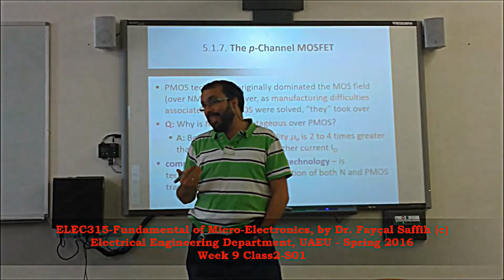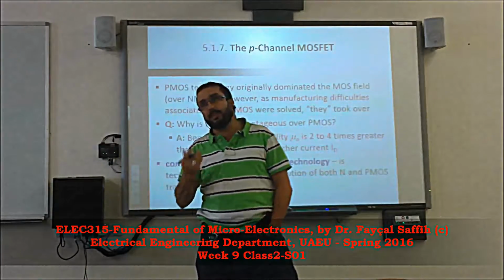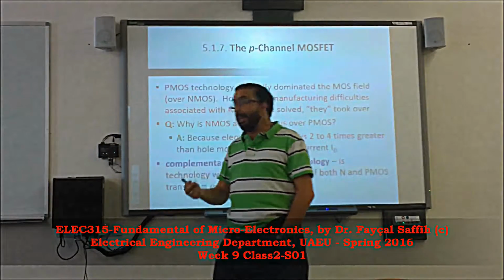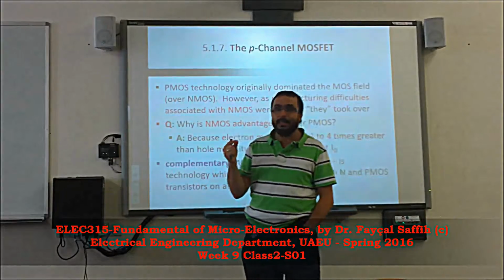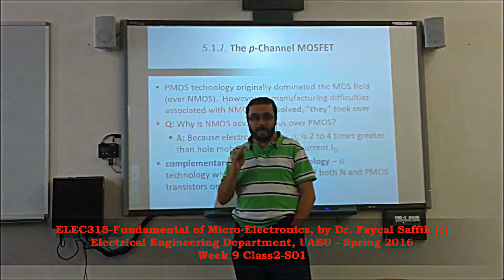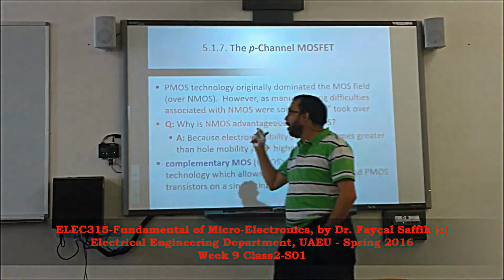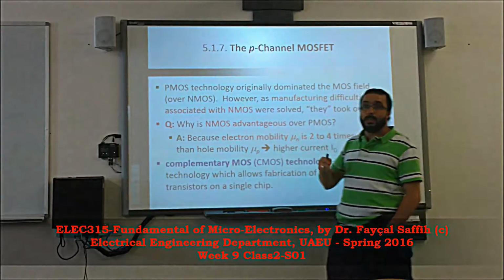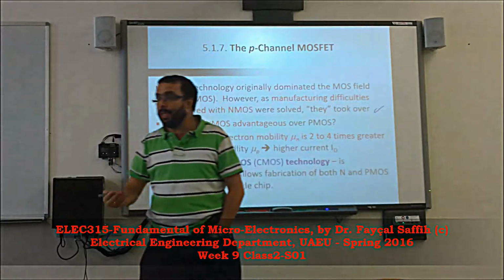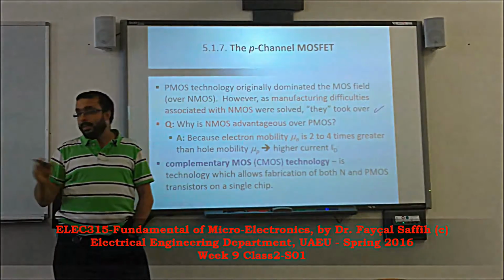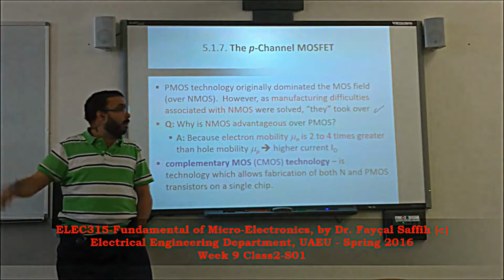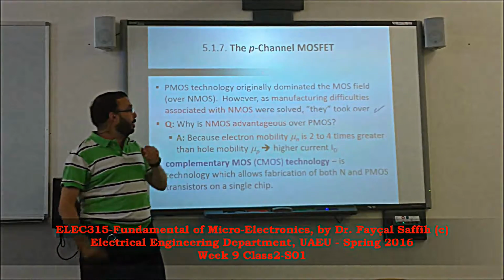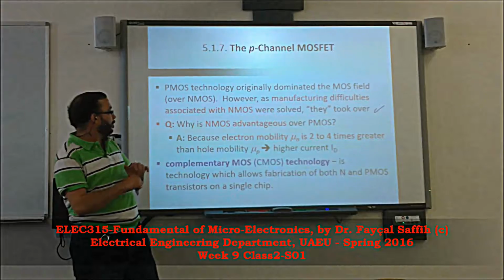So people were still trying to develop NMOS. It was very difficult to develop at that time, to make it cheaper and easier. Then when the industry kicked in, when they got the critical mass, the NMOS took off and became the main horse. PMOS was the leading one because it was simple and easy to fabricate at that time. I don't know exactly the dates, but that's the overall observation. Until later on, NMOS dominated MOSFET fabrication.